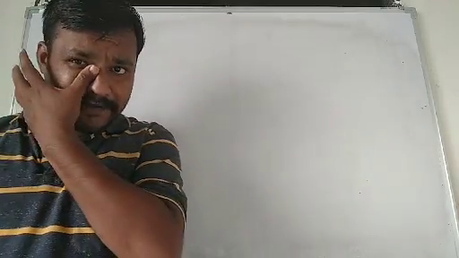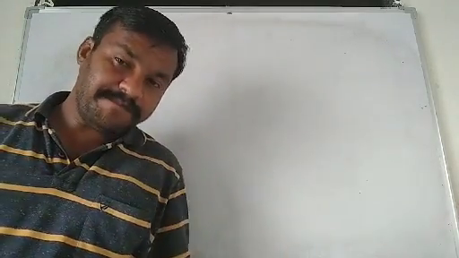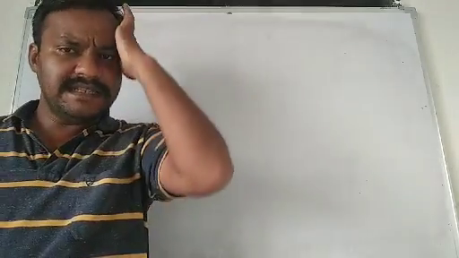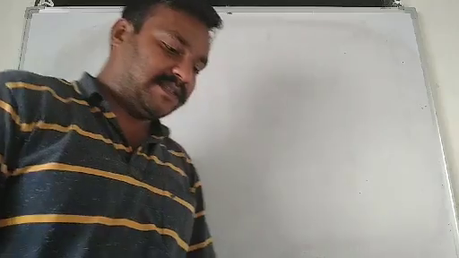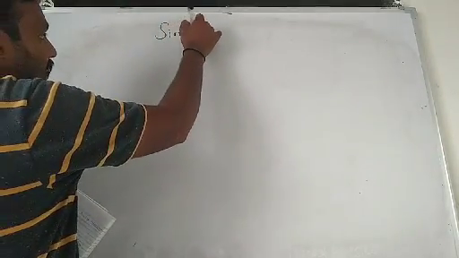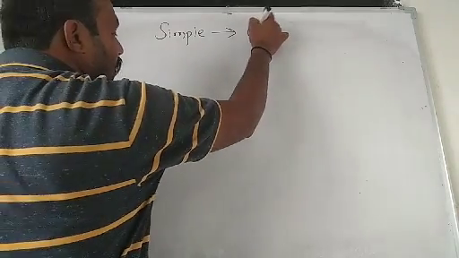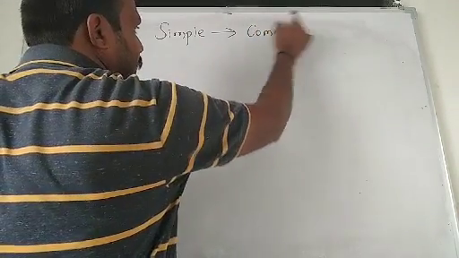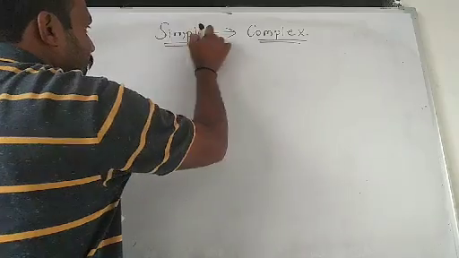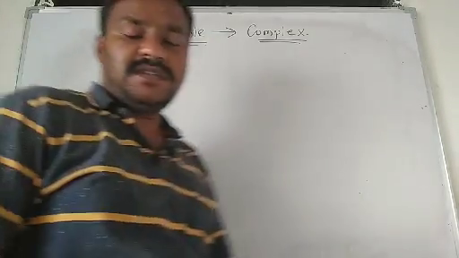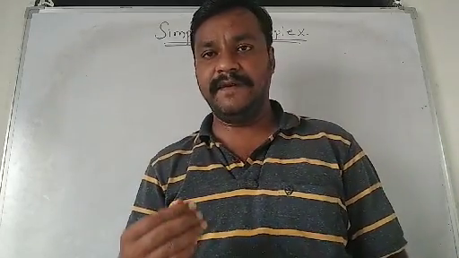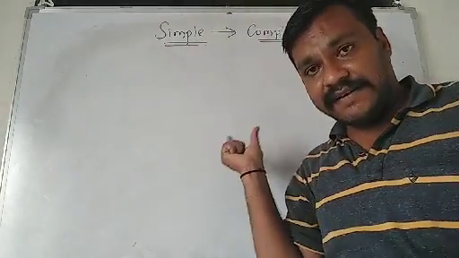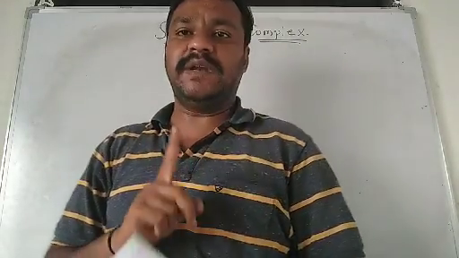Now friends, after compound to simple sentences, we will start how to change simple sentences into complex sentences. So next part, simple sentences into complex sentences. As everybody knows, and I have explained it again and again, one more time I will explain. A simple sentence contains only one subject, one predicate.